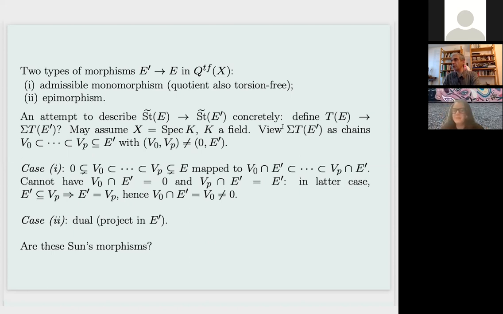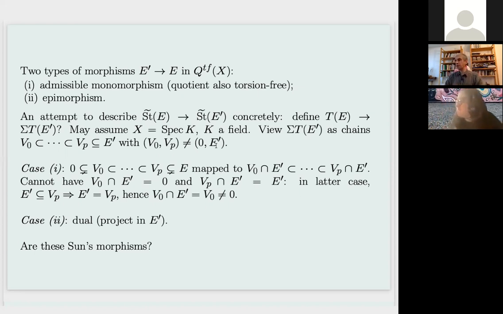We can think of the suspension of T of E prime as chains of subspaces of E prime, V0 to Vp, where you put the condition that V0 cannot be 0 at the same time as Vp is E prime. That's one description of the suspension, which is in Quillen's paper.